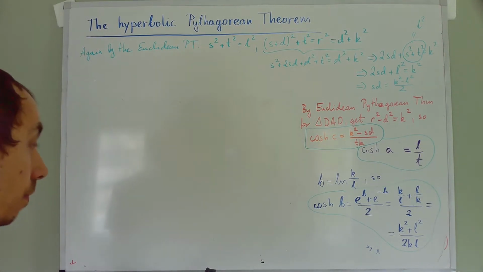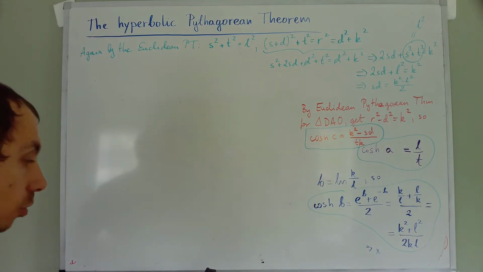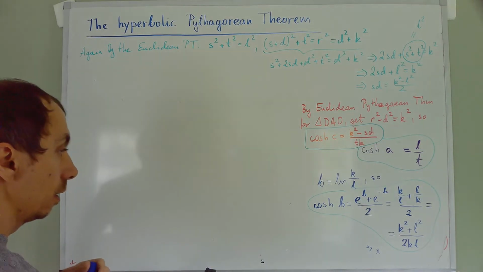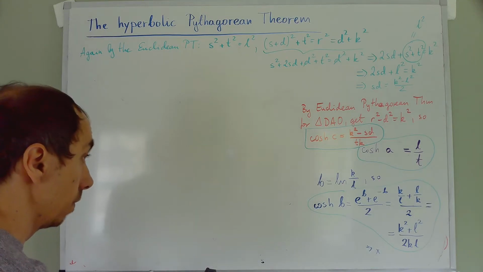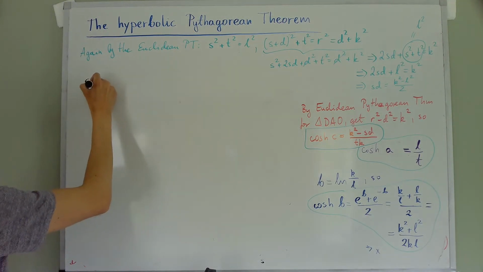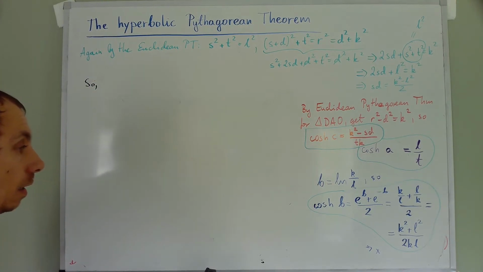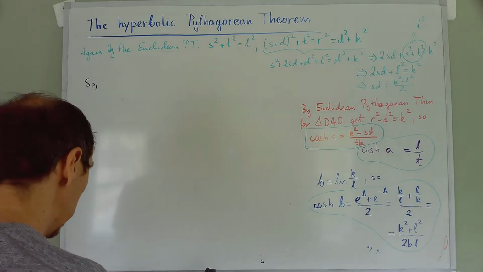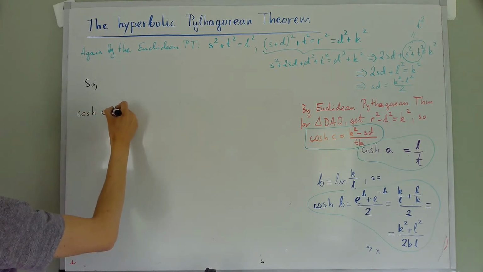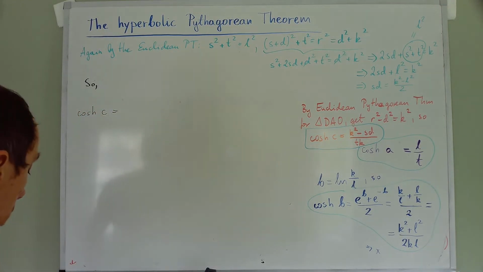So we just combine all these formulas now. We get that cosh C, which we have over here.